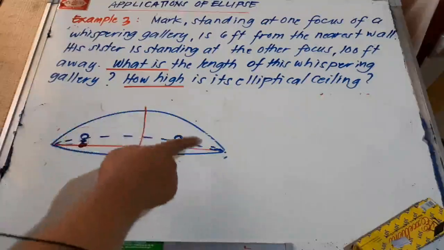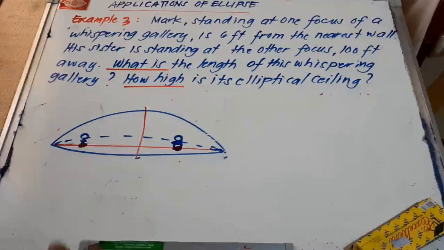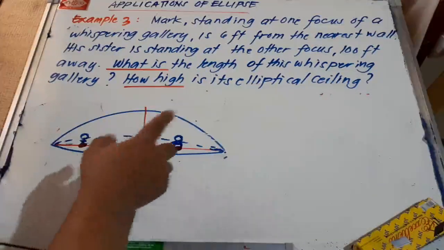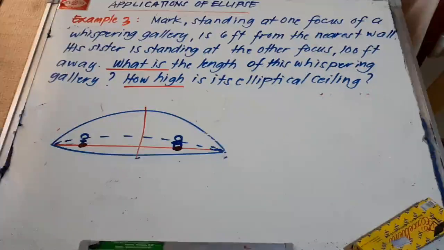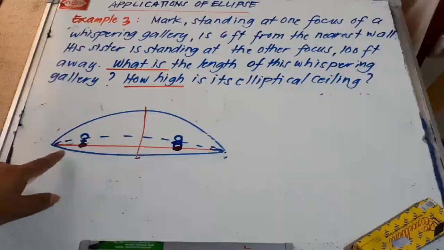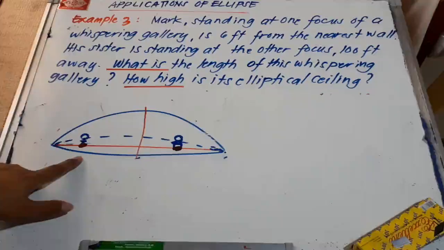Now, this distance should be a considerable distance. Huwag naman yung 1,000 meters. Dito, 100 feet. So, malayo-layo na yung 100 feet. Pag nag-whisper ka dito, maririnig ng kaibigan mo yung whisper mo kapag nag-position yung kaibigan mo sa other focus of the ellipse.